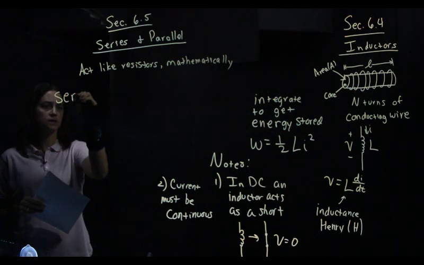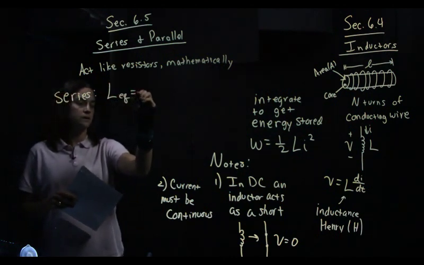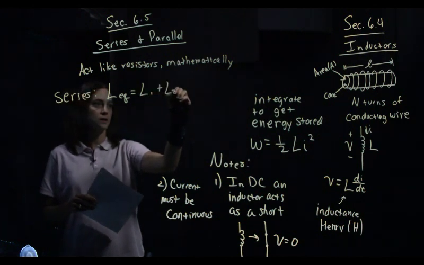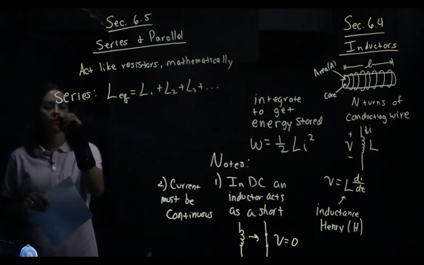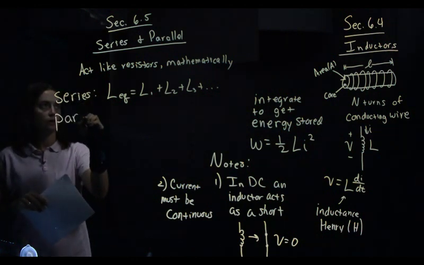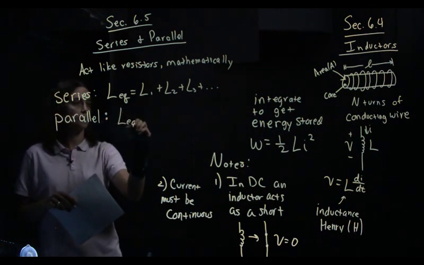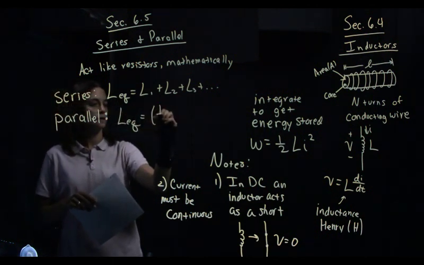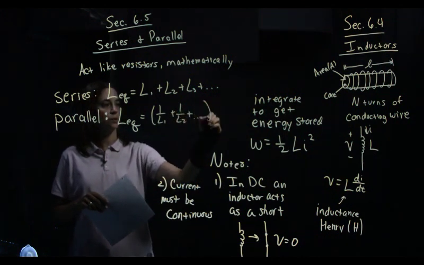So in series, for an equivalent inductance, we just sum the inductors. Again, just like a resistor. And for inductors in parallel, it's the reciprocal of the sum of the reciprocals.